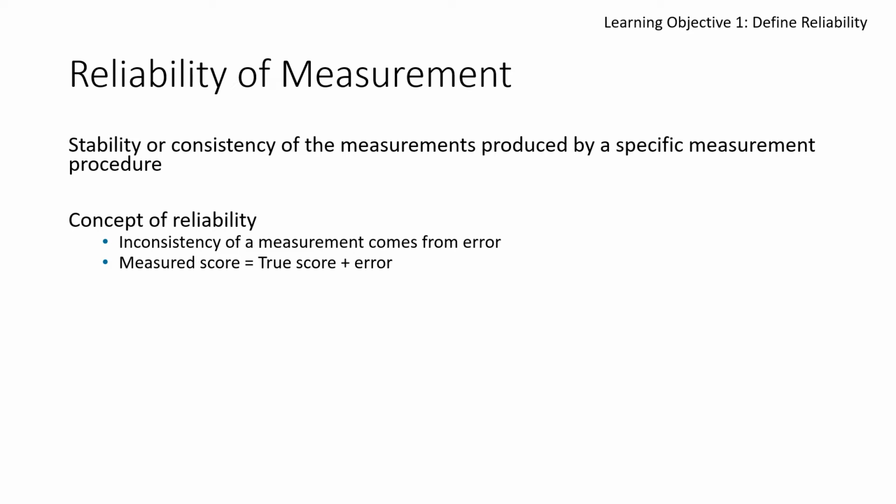So the concept of reliability is that inconsistency of a measurement comes from error. Your measured score is going to be your true score plus error, and the more error, the lower reliability. So a measurement's reliability would be high if error is minimized.